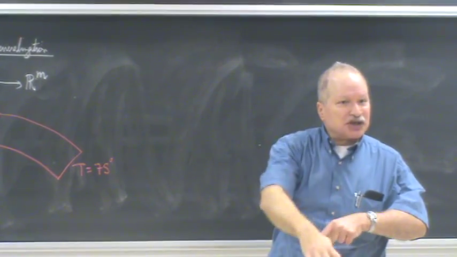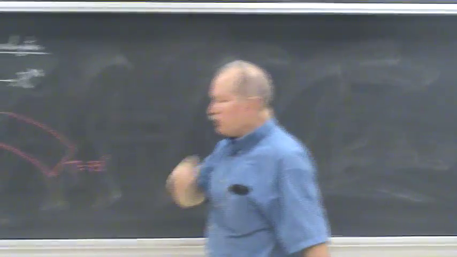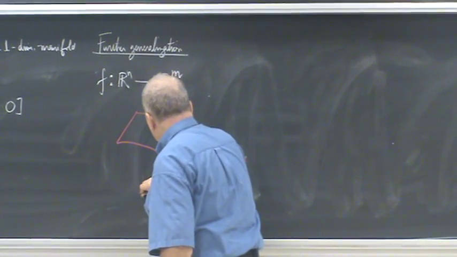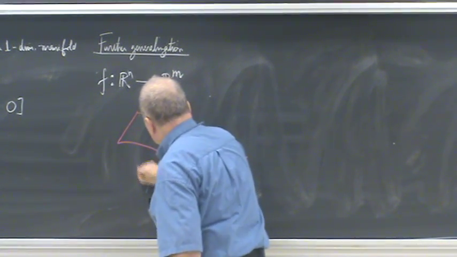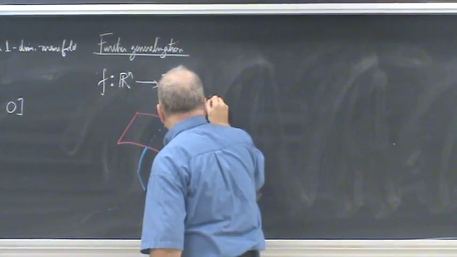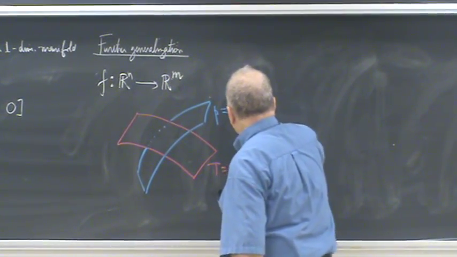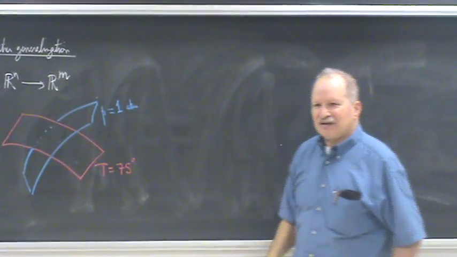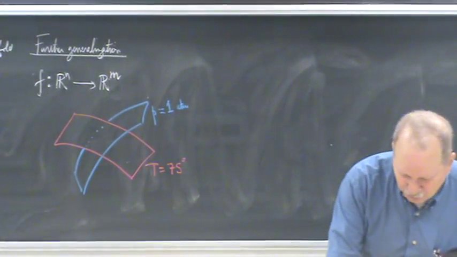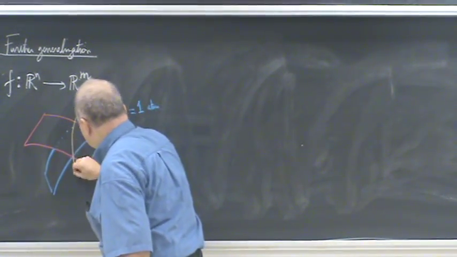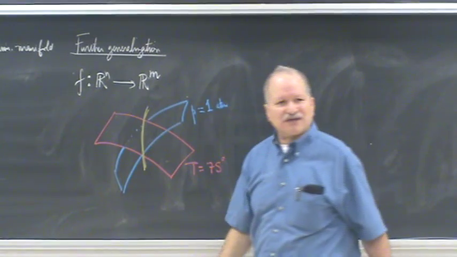It won't vary very much, but it does vary. So if you fix the barometric pressure, intuitively anyway, you expect that there'll be some other surface where the pressure is a certain fixed amount. So what will have to happen for both of those to occur? You'll be on the intersection of those two surfaces.